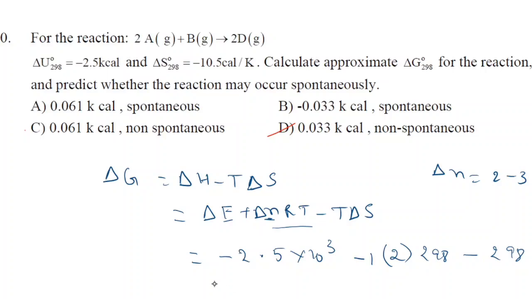After calculating all these things, you will get the value as 0.033 kilocalories, which is a positive value, hence non-spontaneous, and hence option D is the correct one.